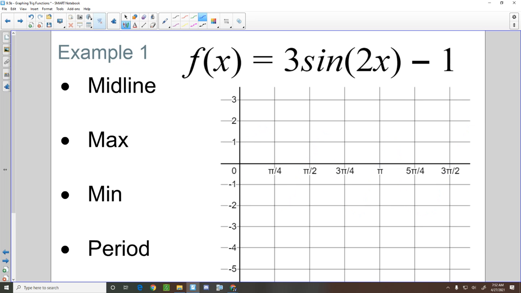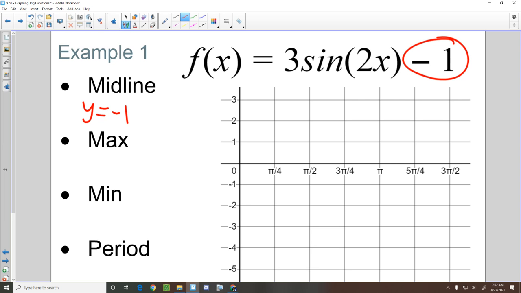So first, the midline. The midline was C. To find this midline, you simply look at whatever's being added or subtracted. In this case, there's a -1 at the end of our function. That tells us where the midline is: y equals -1. So you look at what's being added or subtracted to your function.